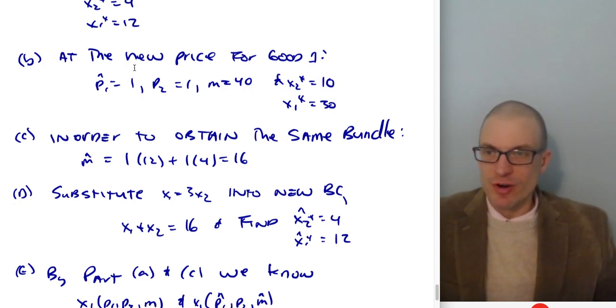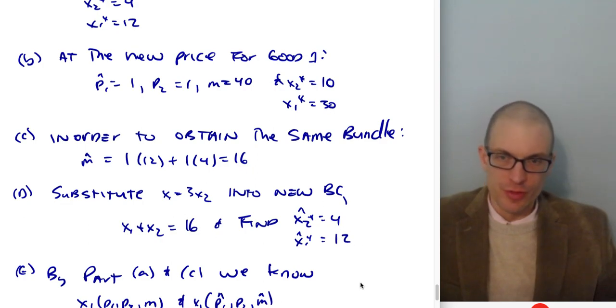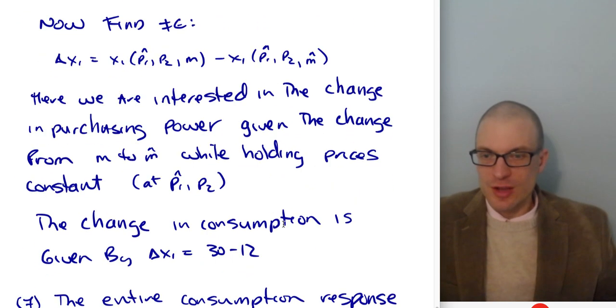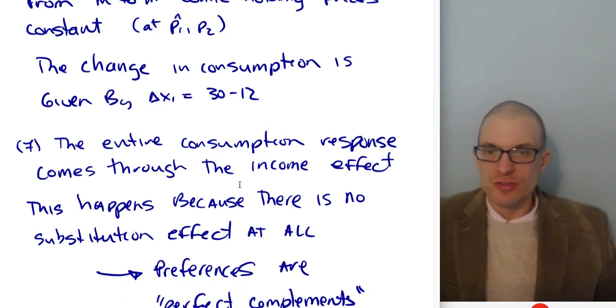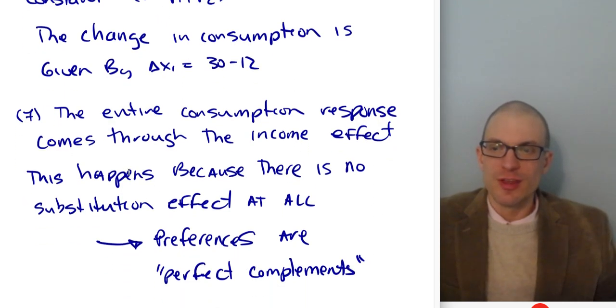Here we have our new prices, old income, and now we are comparing this to the new prices with the same purchasing power, and so we have 12 and 30, and the entire change is 30 minus 12, so that's our 18. So the entire consumption response is coming through the income effect.